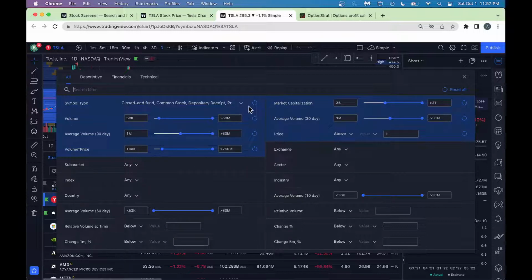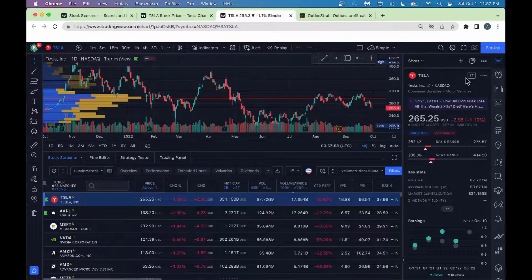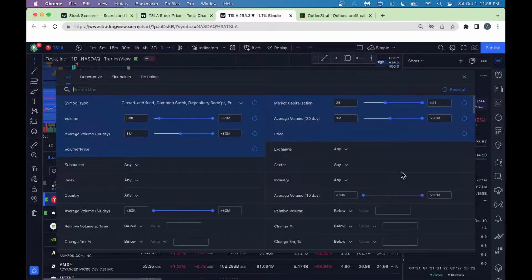And let's go in here and see if we got all our scanners here. All right, from a scanner perspective, we got price times volume more than 500 million. Let's go back here and see price times volume. Instead of 100K here, let's make it a little higher.